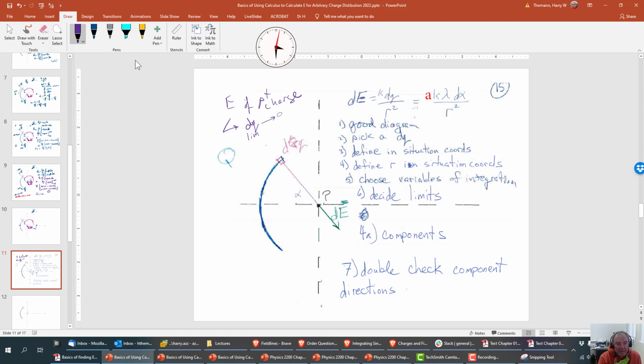And in the limit that dq goes to 0, it does become a point charge, no doubt. Keep in mind now you're defining a dE when you do that, not E yet.